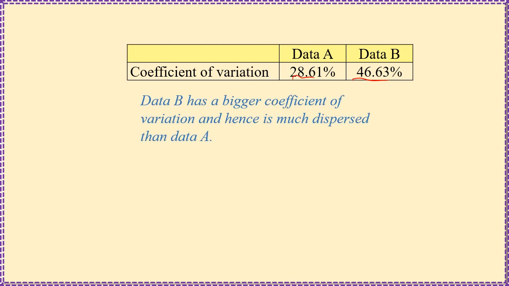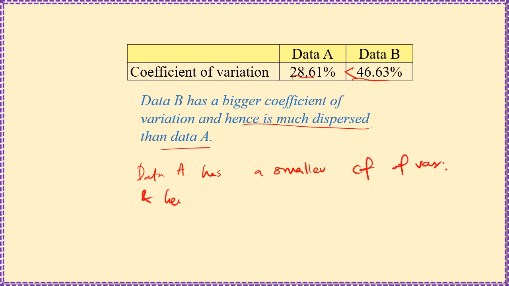So we can see that data B has a bigger coefficient of variation. 46.63 is bigger than 28.61, and hence is much more dispersed than data A. Or you can also say that data A has a smaller coefficient of variation, right? And hence is less dispersed than data B.